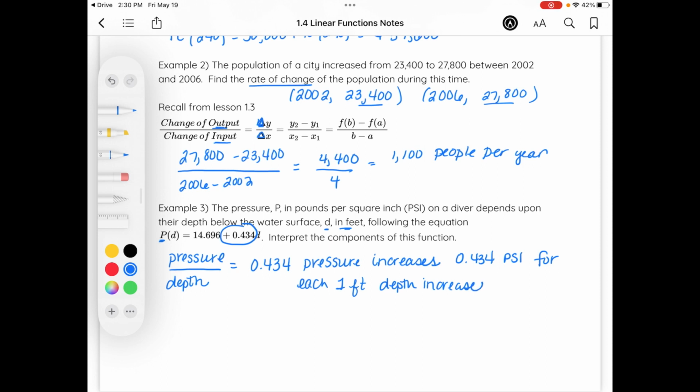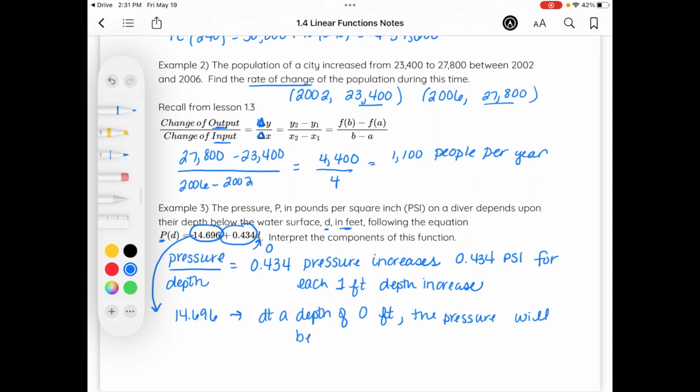Now, what does the 14.696 represent? Well, if we had a depth of 0 feet, the pressure will be 14.696 PSI.